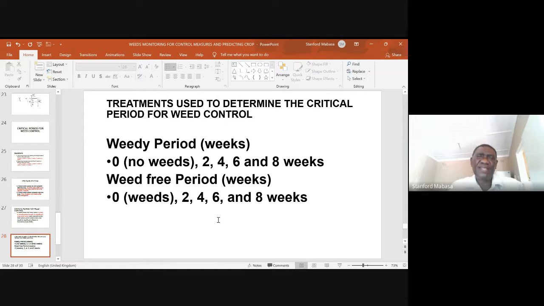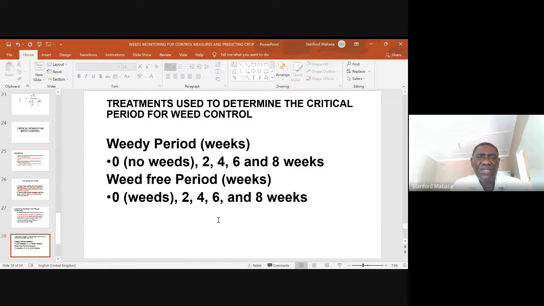Now, in 1968, a scientist known as Nieto in Mexico proposed some interesting treatments to assess the critical period for weed control. We have two groups of treatments: the weed period, where you start with zero, no weeds, then you can vary the weed period from 2, 4, 6, and 8 weeks.